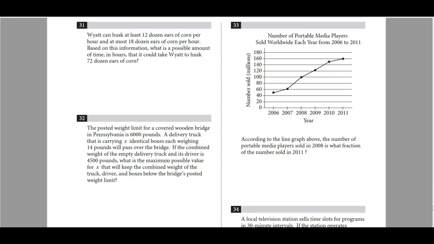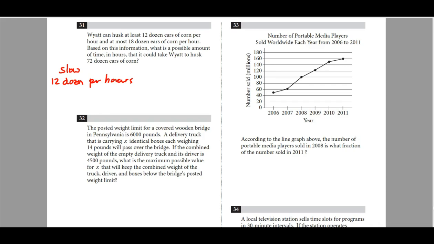All right, starting the free response here, number 31 says Wyatt can husk at least 12 dozen ears of corn per hour and at most 18 dozen ears of corn per hour. Based on this info, what is the possible amount of time in hours it would take him to do 72 dozen? Well, let's look at the slow end. On the slow end, he can do 12 dozen per hour.